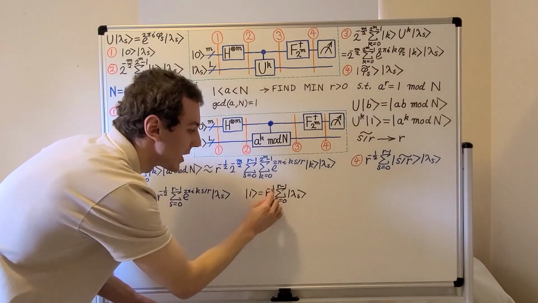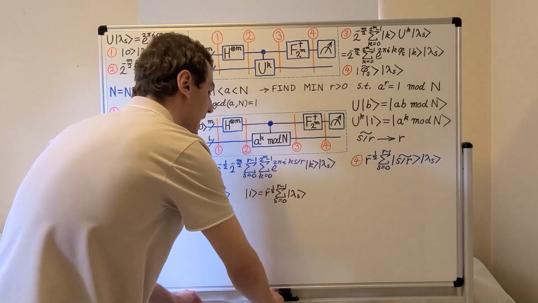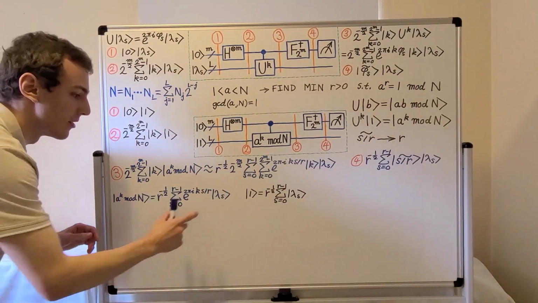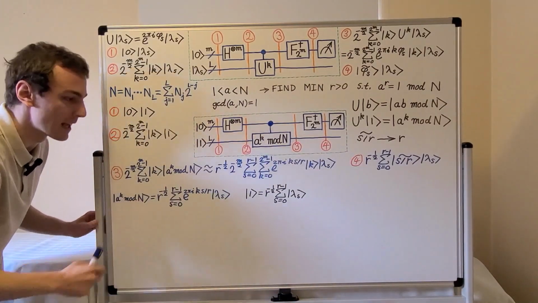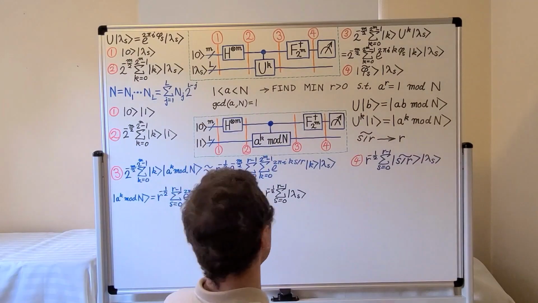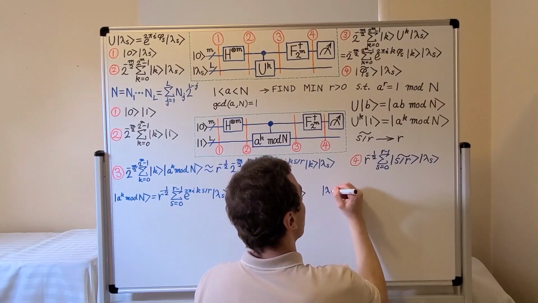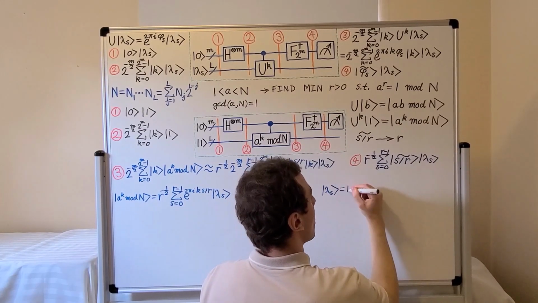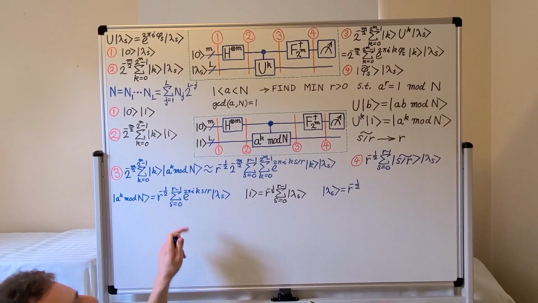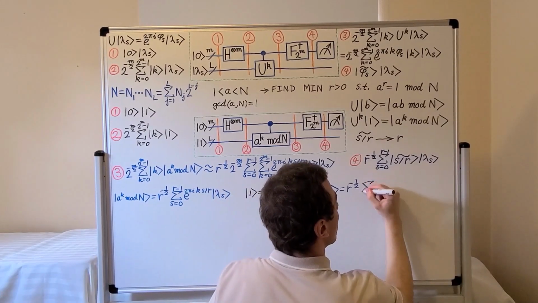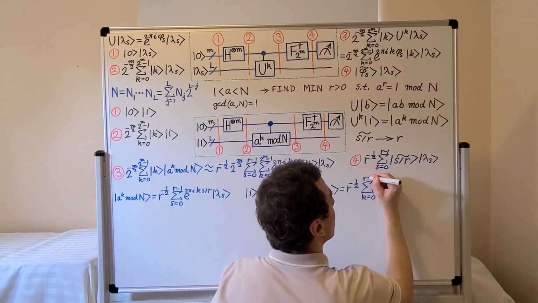And this r to the minus 1/2, that is a normalization coefficient out the front. Now, let's write this eigenstate in terms of these states, a to the k mod n. So it's a very similar expression. We can write that as lambda sub s is equal to r to the minus 1/2, so it's still the same normalization coefficient, and then we're going to have the sum over the index k going from 0 up to r minus 1.